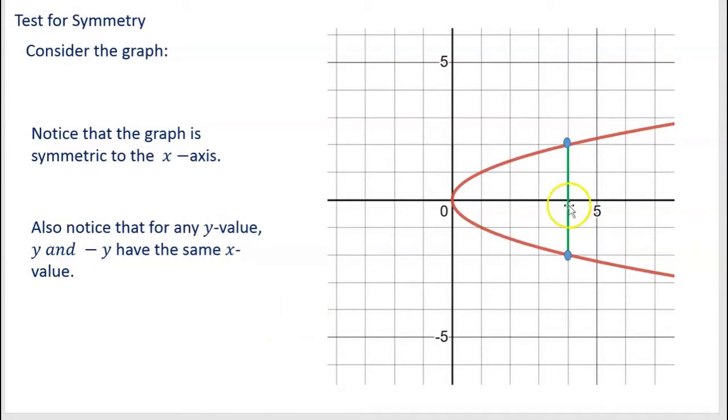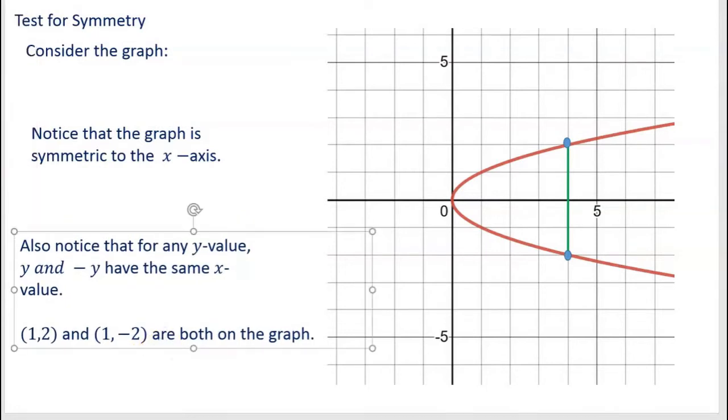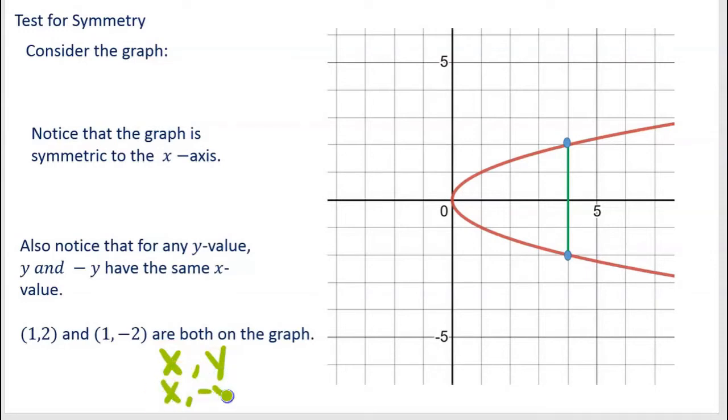So this x gives you +y and this x gives you -y. If we write that down, we could say (1, 2) and (1, -2) are both on the graph. And in general, we would say (x, y) and (x, -y) lie on the graph.